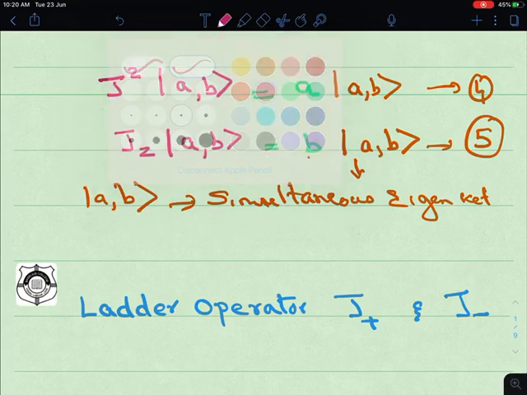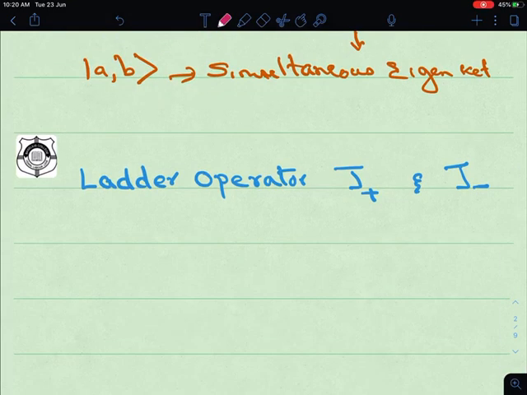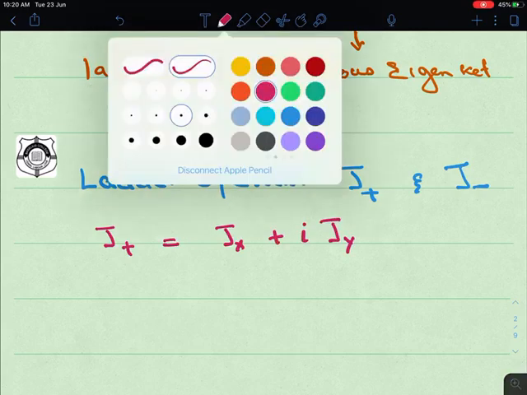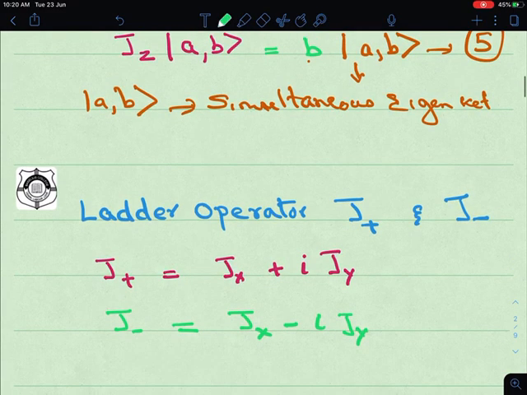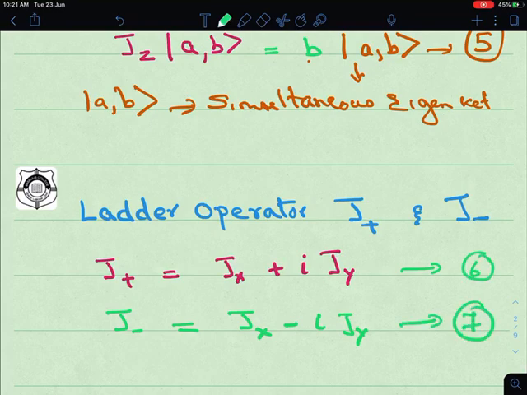Here we define the ladder operator J plus as equal to Jx plus iJy, and J minus as equal to Jx minus iJy. So this we put as equation 6 and this as equation 7.